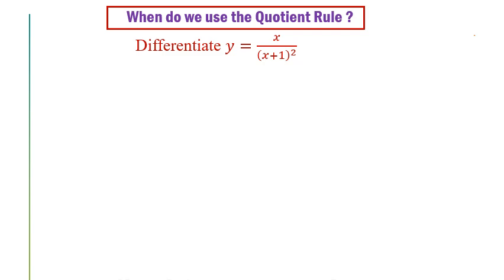Right, so the next thing is, when do we use the quotient rule? So we're done with the product rule. Quotient rule is used when you're given a fraction. Just now, for the product rule, what we're given in the question is in the form a times b, where a and b are some factors, not necessarily linear.